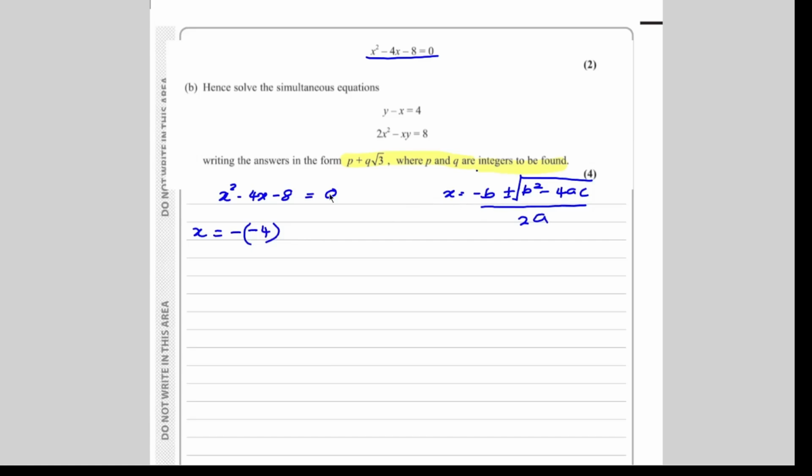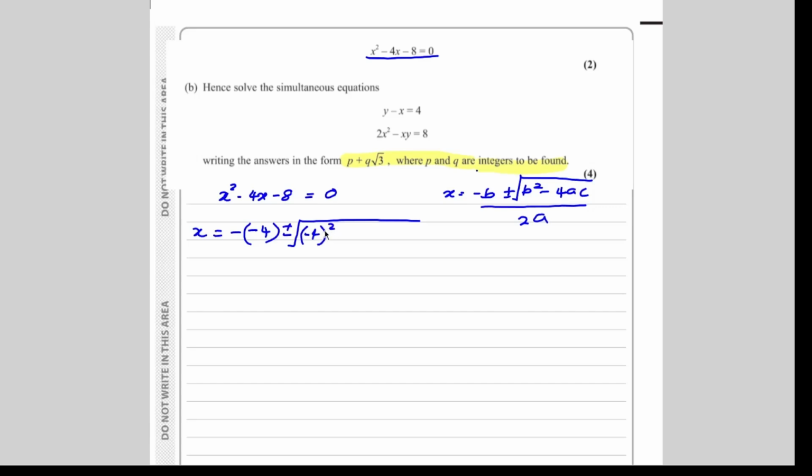Now b is minus 4. So you need to apply two minus signs: minus b, plus or minus the square root of b squared, which is minus 4, close the bracket, then squared.